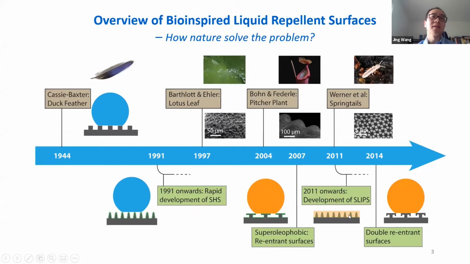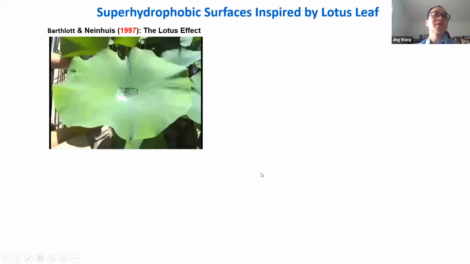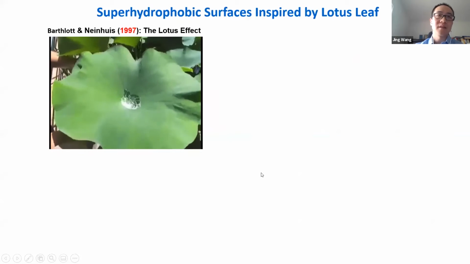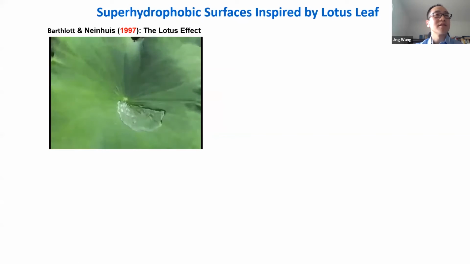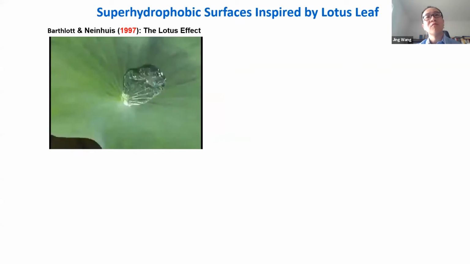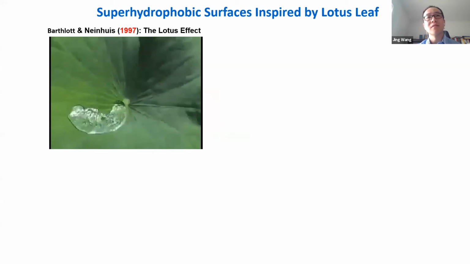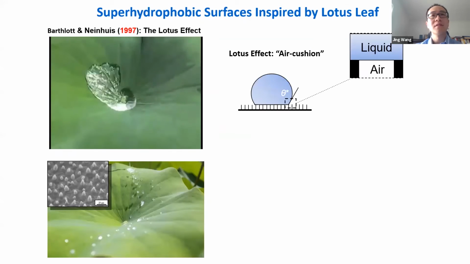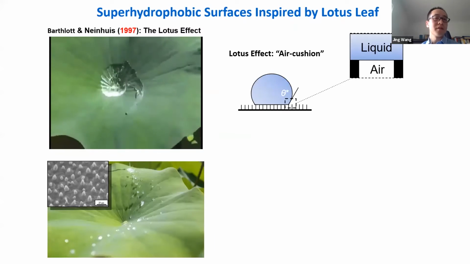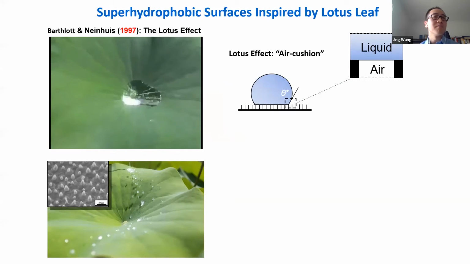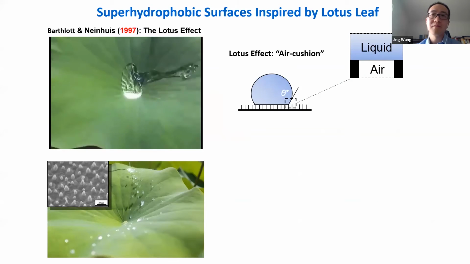That created a different strategy of liquid repellency. Take the Lotus-Leaf effect, for example. It is summer now, and we can see this effect: the water droplets bead up on the Lotus-Leaf. The reason is the nano and micro hierarchical structures on the Lotus-Leaf.